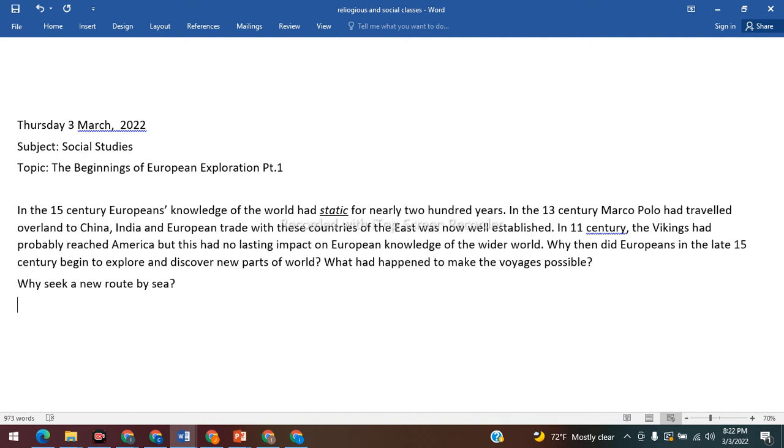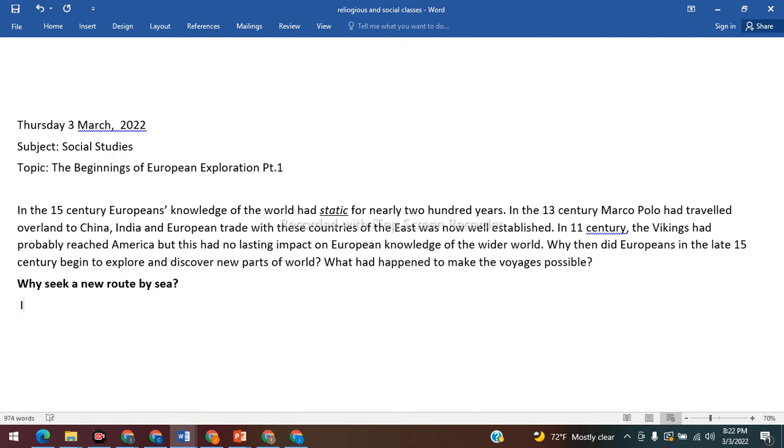Maybe it's because the routes we could use by land are being blocked, or maybe it's because we want our own route, where we can say, this is what we found, we found it first, so nobody else go on this route. This is our route. Those are exactly the reasons: number one, the land route was blocked, and number two, countries just want to find their own route.